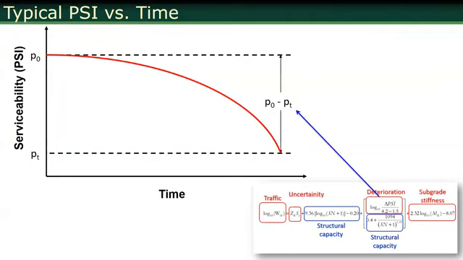And this portion is serviceability. This is typically how the structure of the pavement, or how the damage, grows in a pavement with time. The difference between initial serviceability and final serviceability is the amount of deterioration that you expect. If we do an analogy with pavement ME, this P sub T is your cracking threshold or rutting threshold or IRI threshold.